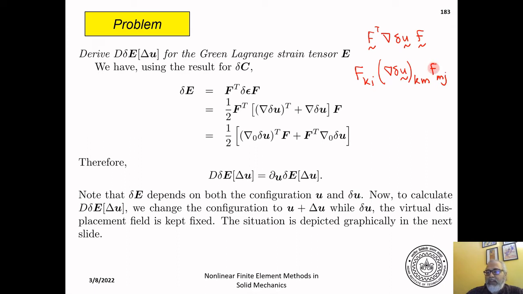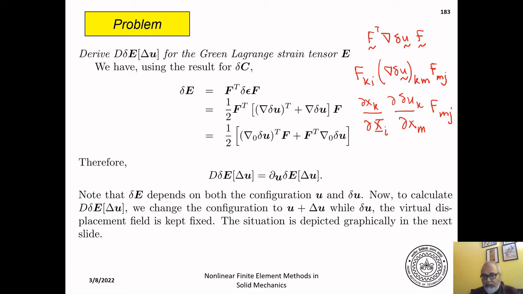This is how the ijth component will be written, and here F_ki is ∂x_k/∂X_i. This is ∂δu_k/∂x_m and F_mj.